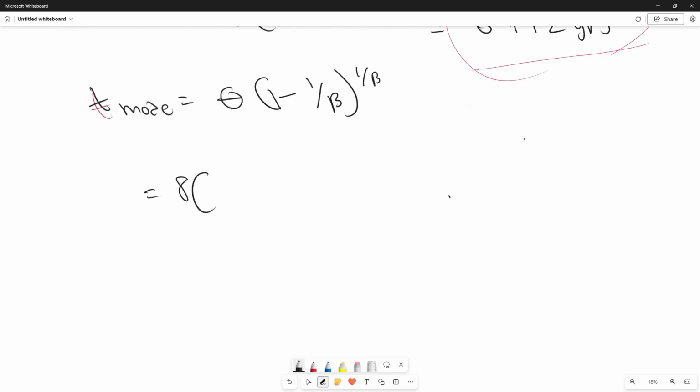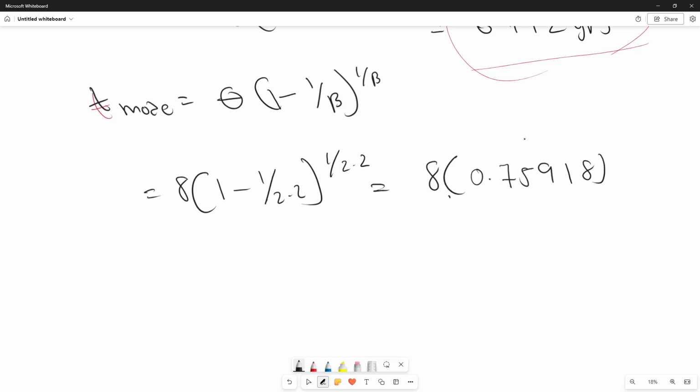This is 8 times 1 minus 1 over 2.2 raised to the power 1 over 2.2. This is 8 times 0.75918, which gives us 6.073 years.